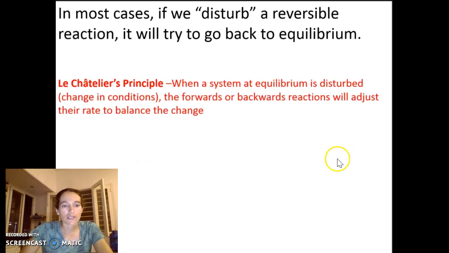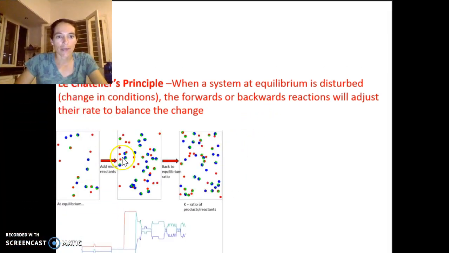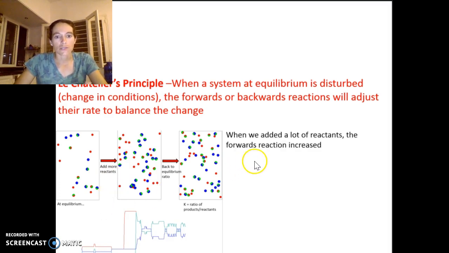Le Chatelier's principle tells us a little bit about how it will do that. What it says is that the forward or the backwards reactions will adjust the rates until the change is balanced. So for example, in the reaction we just looked at, when we first started, there was a lot of reactants.